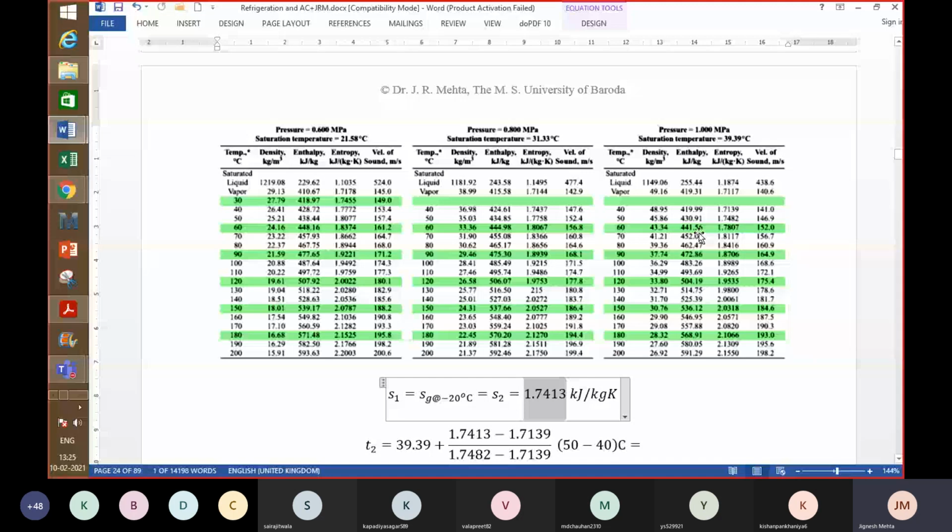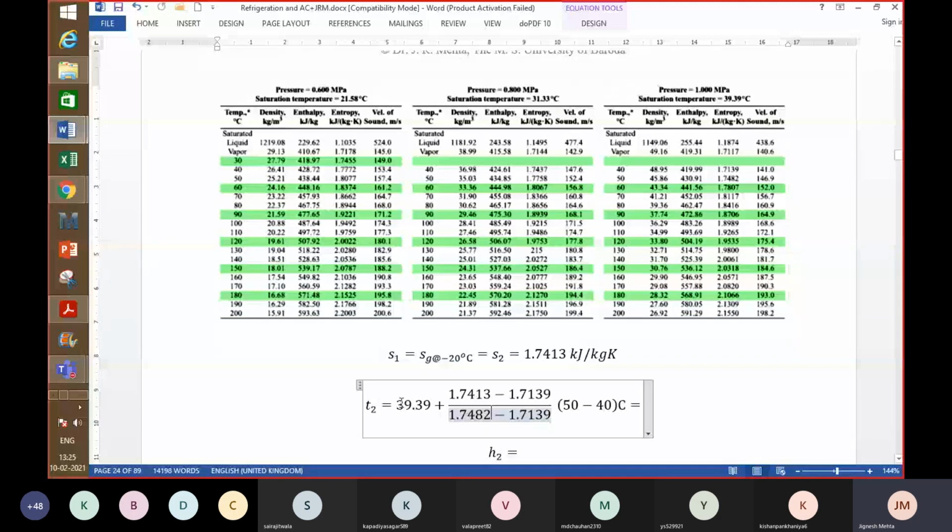And here the enthalpies are 419.99 and 430.91. So the enthalpy at point 2 also must be somewhere between these two values. How can you get it? You can get it by doing the linear interpolation, which is done here. It's done for temperature, and a similar thing can be done for the enthalpy also.